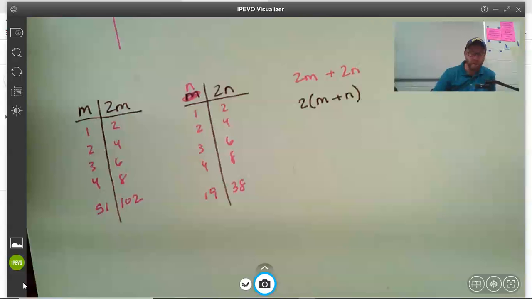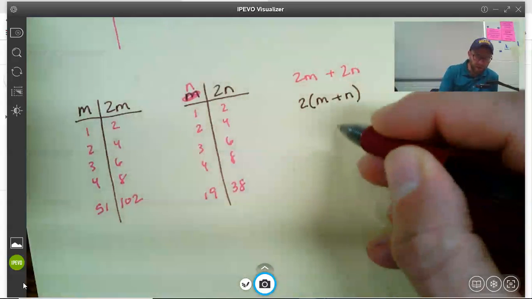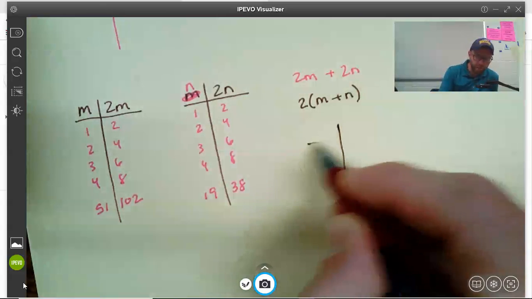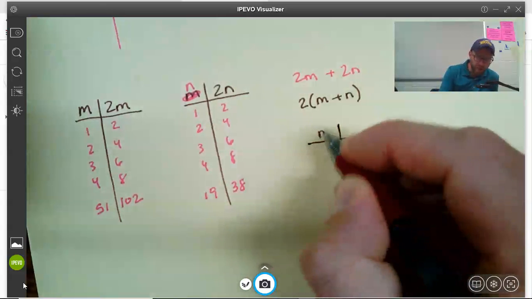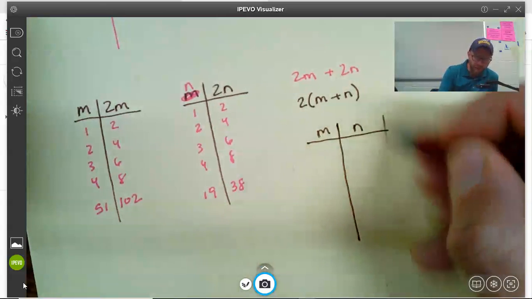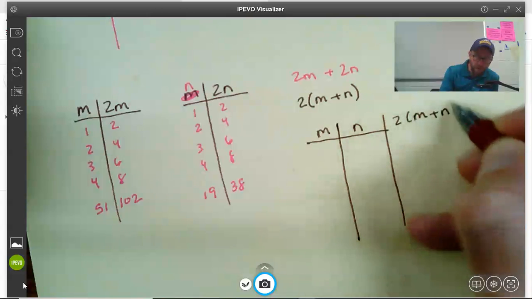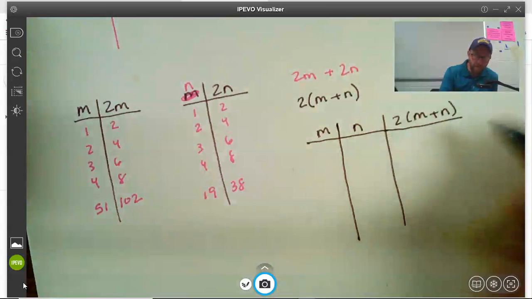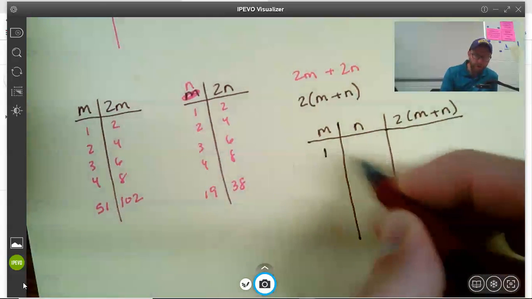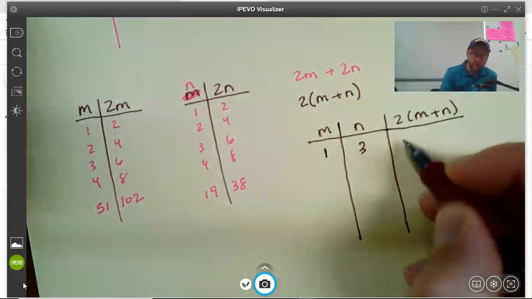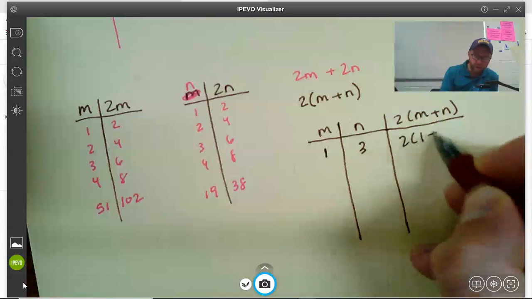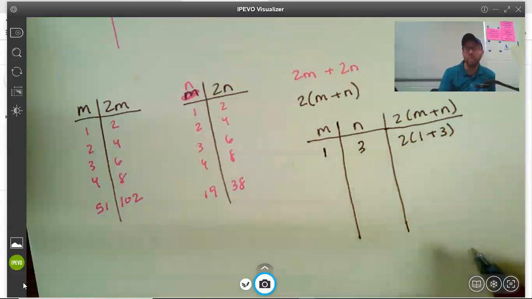And we can check here. If I make a little table, I've got m, n, and 2 times m plus n. Let's just plug in some numbers. If I have 1 and 3, I get 2 times 1 plus 3.